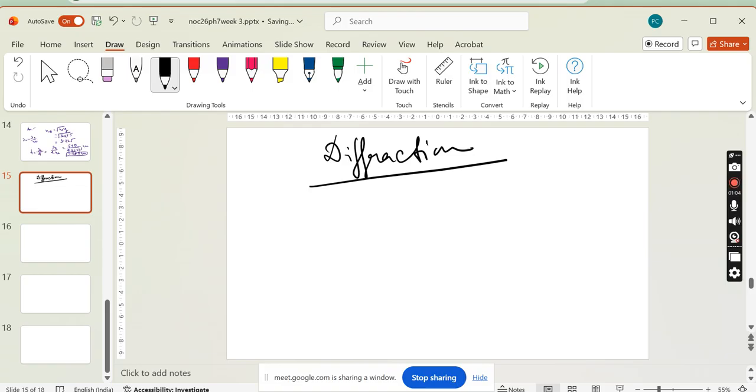The diffraction of light is the process of its bending or spreading when it passes through an aperture or obstacle in its path. An obstacle can be like this, and the light is passing through like this.